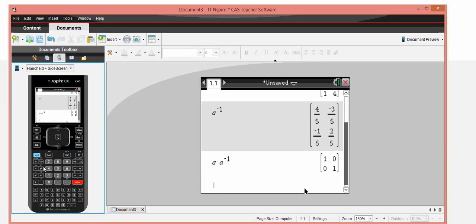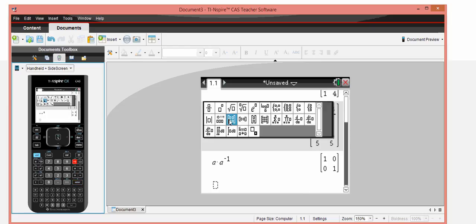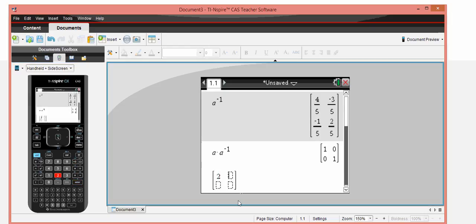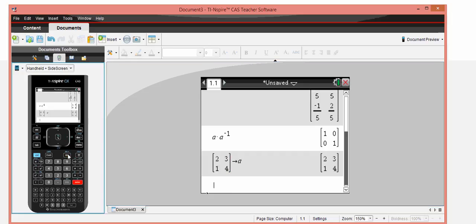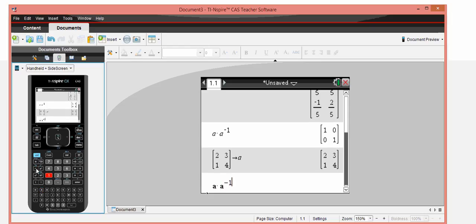Alternatively, again, we could have said, let's start with a 2x2 matrix, 2, 3, 1, 4, the same procedure, just using a different calculator function, control and var. We can say, let's store that to A, which is done, and now say A multiplied by, again, the inverse of A.